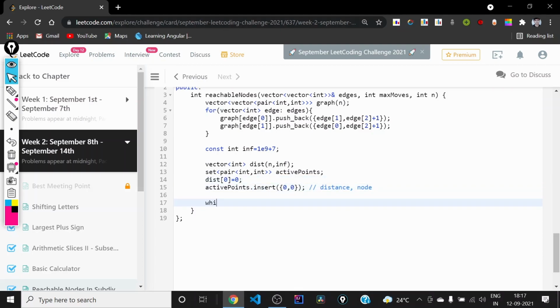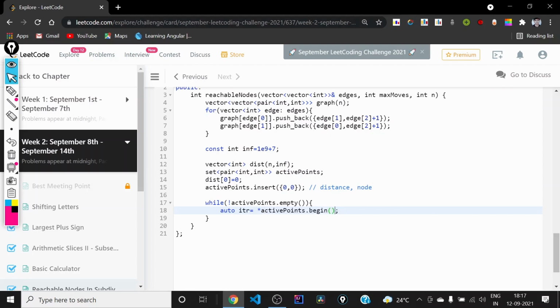So now we can run our algorithm until this set is empty. First of all, we will be extracting the node with the lowest distance.